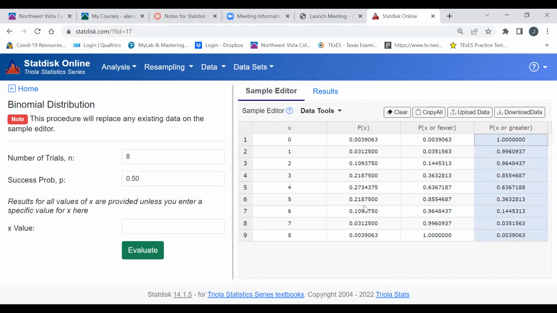Now, notice that we have titles on our columns. This column was your random variables, X. This is your P of X, your probabilities. So we're going to title them. Because we're going to do word problems, you are going to have to title the columns.